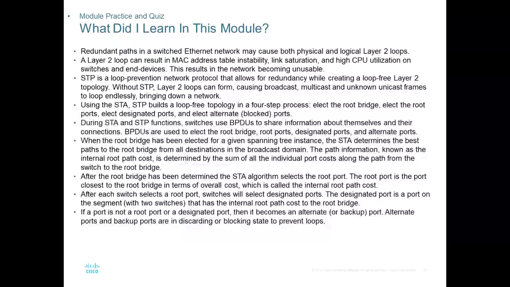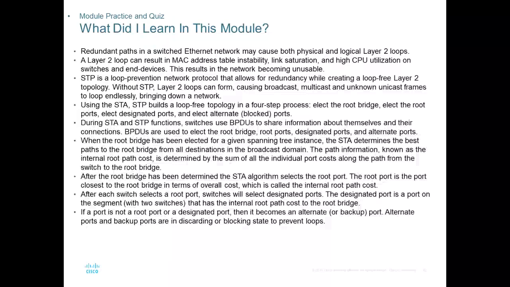So we have a spanning tree protocol that comes in and goes through a 4-step process of electing a root bridge, electing root ports, designated ports, and then alternative ports to control loops within our network.